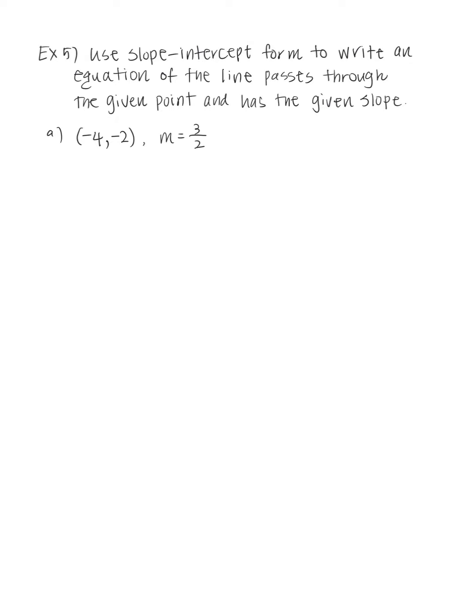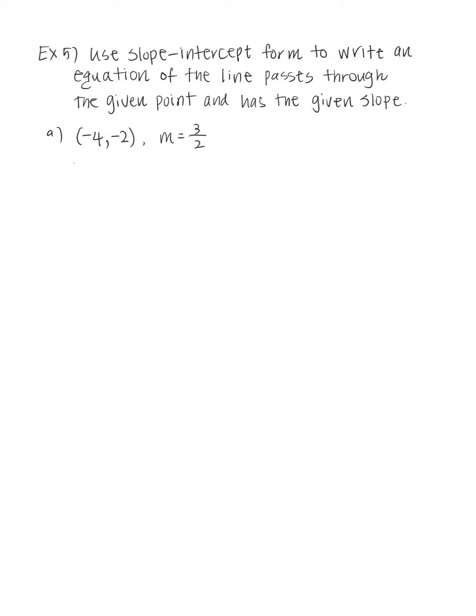All right, now let's do example 5. It says use slope-intercept form to write an equation of a line that passes through the given point and has the given slope. So let's first look at the first example. We're given a point, which is (-4, -2), and we're given slope is 3 over 2. So what we need to do is first write down the formula for the slope-intercept form.